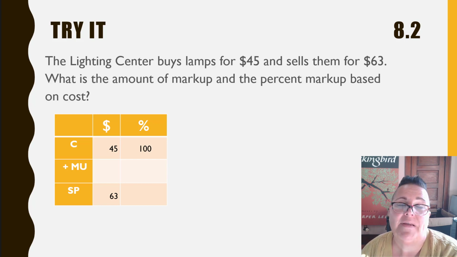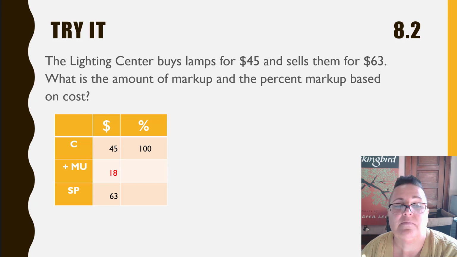So the markup is the difference of the selling price and the cost. So 63 minus 45 gets me 18. This is the markup amount. So the amount of the markup is already found. Okay. What is the percent markup based on cost?